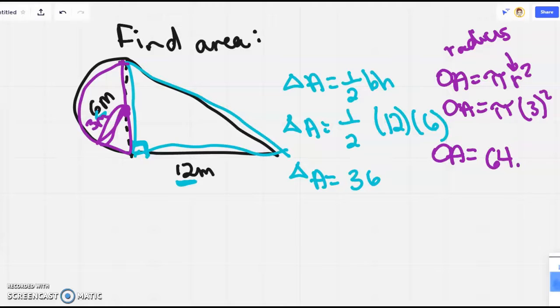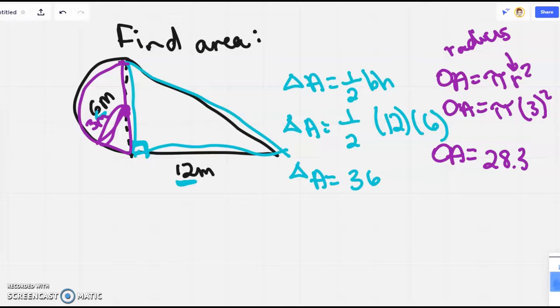Now, that's the area for the whole circle. Let's try this again. What's the area for a circle? Pi times 3 squared, which is 28.3. Now you have to remember that this is the area for the whole circle.